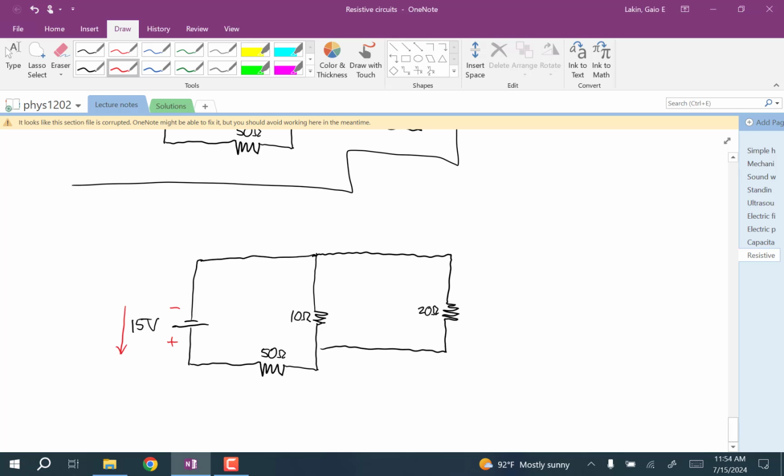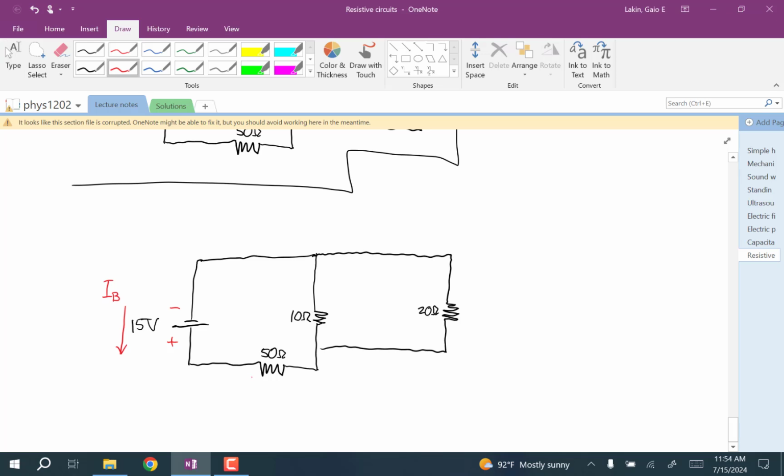So this is the direction of the current at the battery. And then if you think of this as fluid flowing down from the battery, down from that pump, it will be going to the right when it gets to the 50, and then it'll be going up as it goes through both the 10 and the 20, and then it'll return along the top back to the other side of the pump.